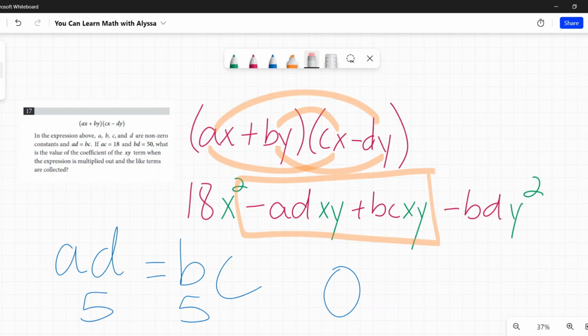And if BD is 50, they tell us that, so that means that is 50. Yeah, I mean, it makes it look a little prettier, but it doesn't change anything because, again, all they want is what is the value of the coefficient of the XY term in the middle. And no matter what you do, these two are going to cancel out because AD is BC, so the coefficient on that term is 0.